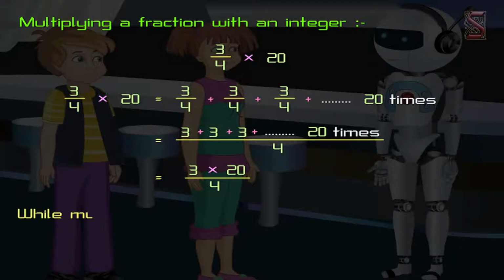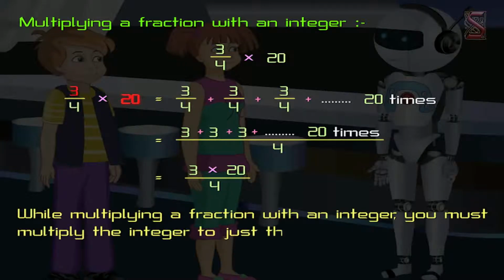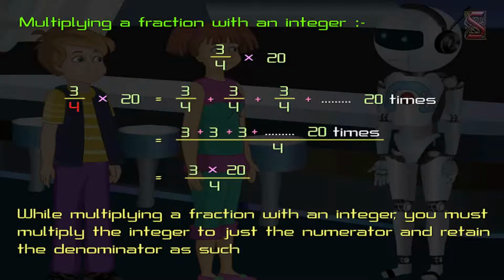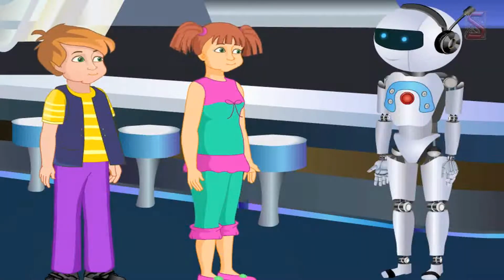Hence, while multiplying a fraction with an integer, you must multiply the integer to just the numerator and retain the denominator as such.